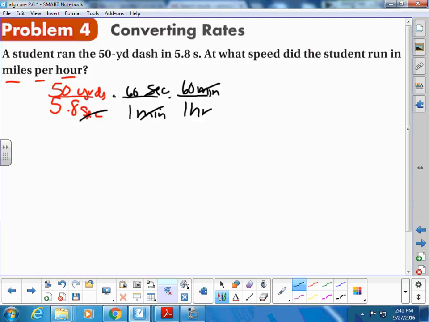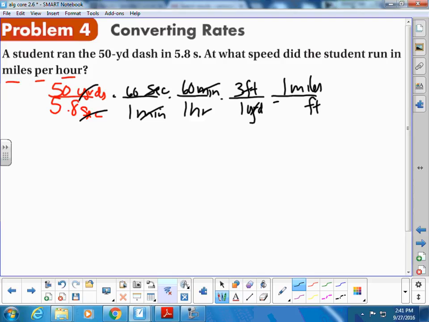So now I need to get miles. I'm in yards right now. So I know 1 yard is 3 feet. Cross my yards off. Now I'm in feet per hour and I need miles per hour. So one last thing, I need feet down here and miles up here.